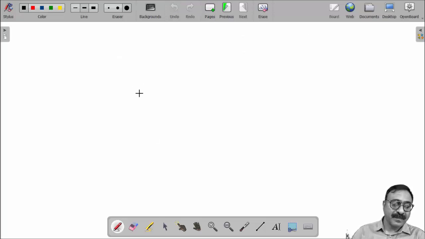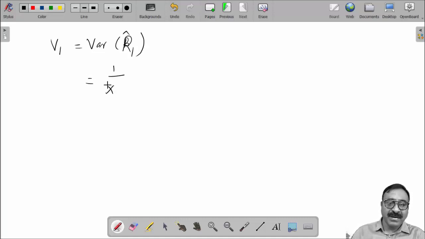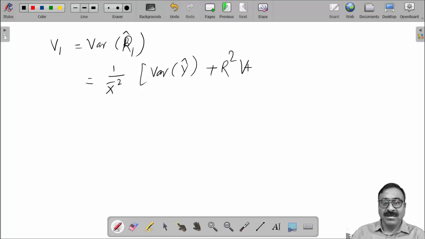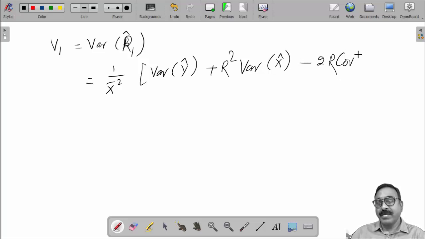So V1, that is variance of R1 cap, is equal to 1 by X bar square, variance of y cap plus R square variance of x cap minus 2R covariance of y cap, x cap.